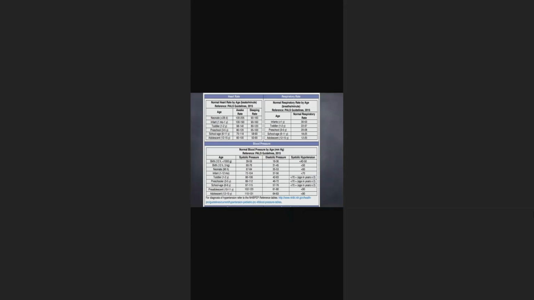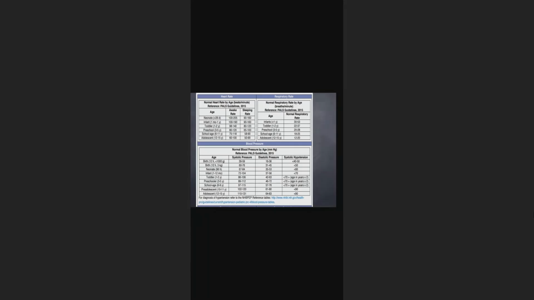I have mentioned earlier the appropriate heart rate and respiratory rate for age. You can screenshot it, or check it with your Nelson's textbook. I also mentioned earlier the normal temperature.